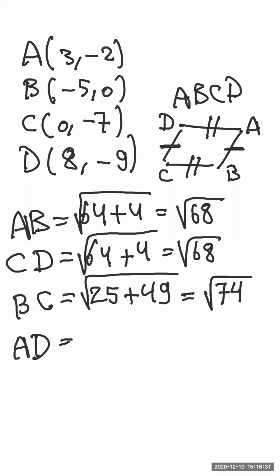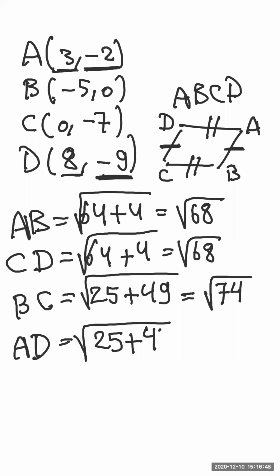Then AD: 8 minus 3, 5 squared, 25, plus -9 minus -2, so -7 squared means 49.